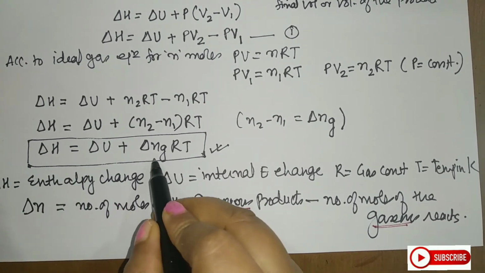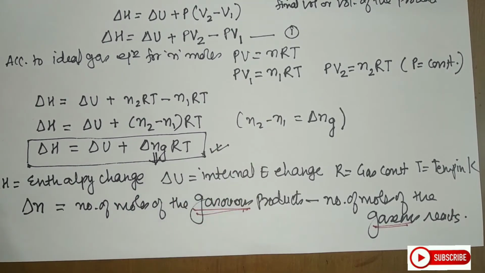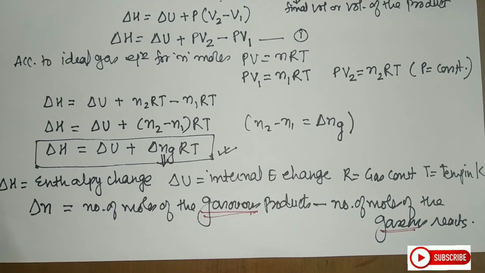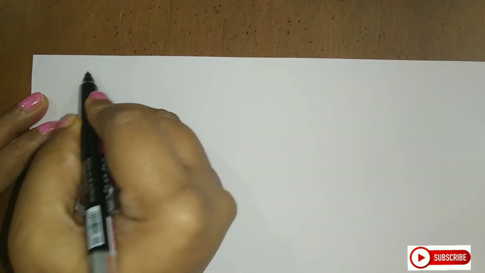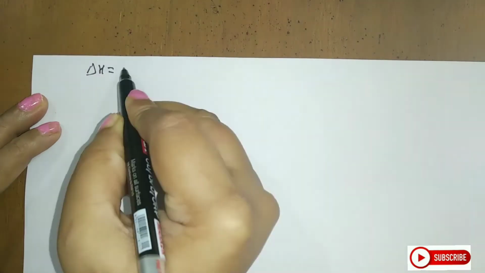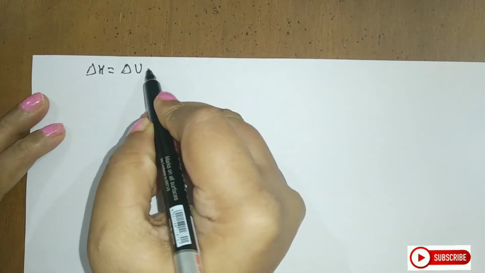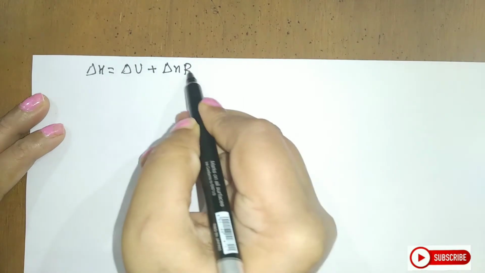Let us see something more related to delta N and try to get the shortcut to solve the MCQ questions. So students, let us see some of the sign conventions. We have the equation delta H is equal to delta U plus delta N RT.